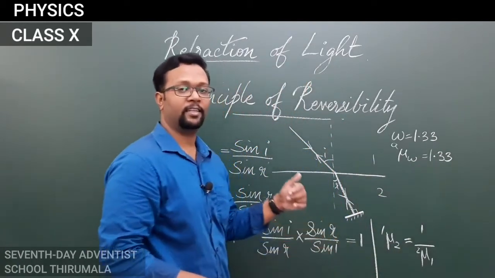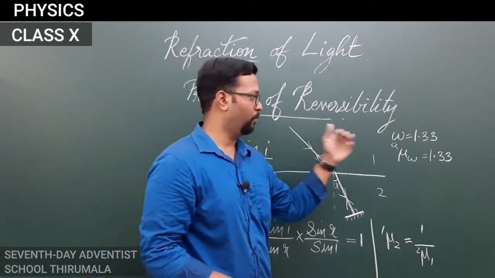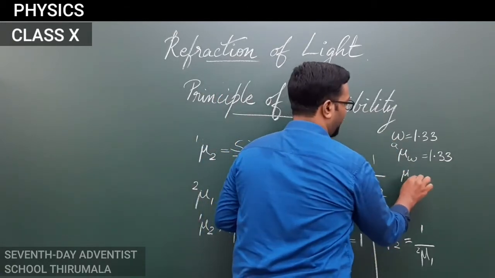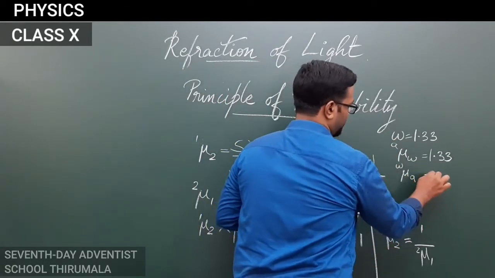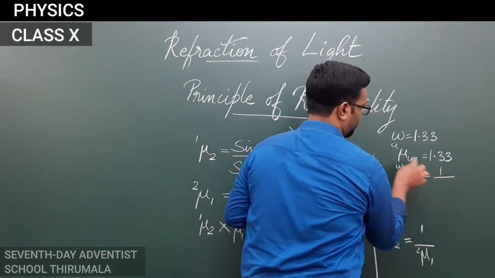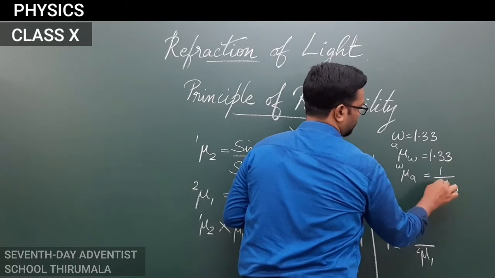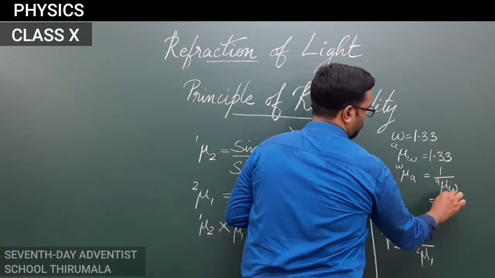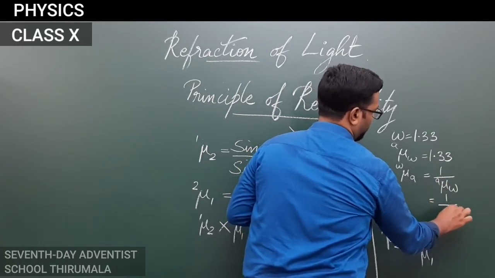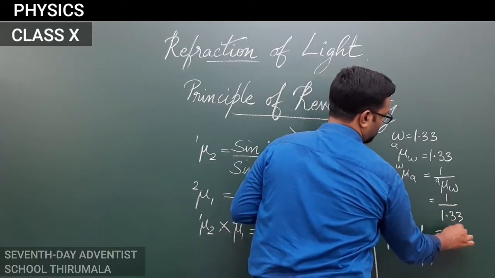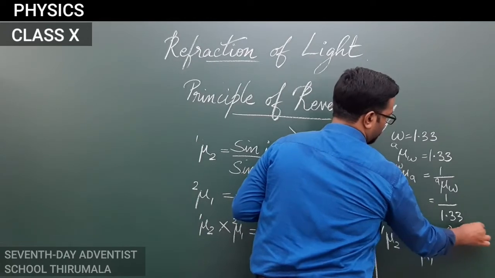If the light ray is travelling from water to air, then we can calculate the refractive index of air with respect to water, which is simply the reciprocal, which is 1 divided by 1.33, which is equal to 0.75.